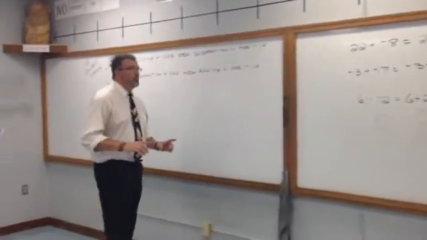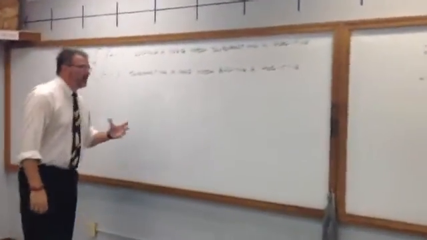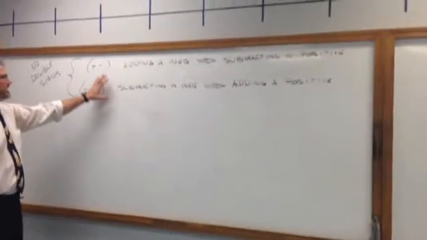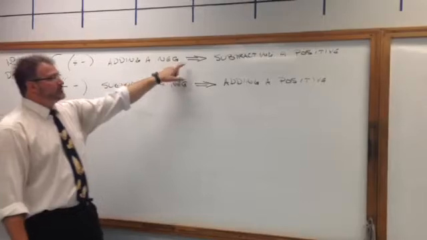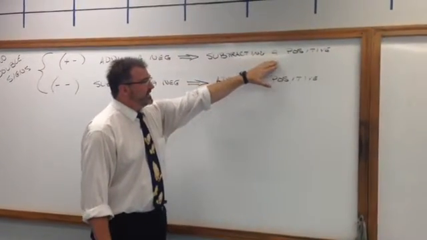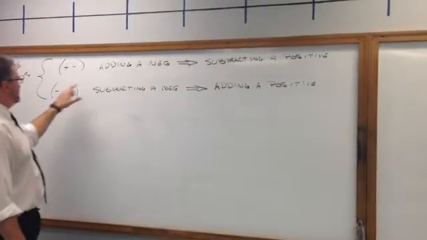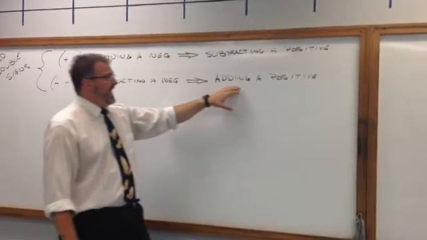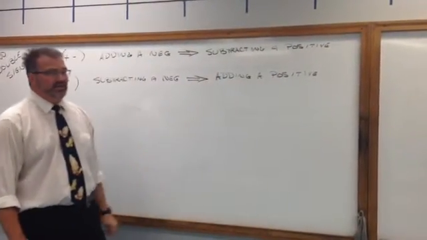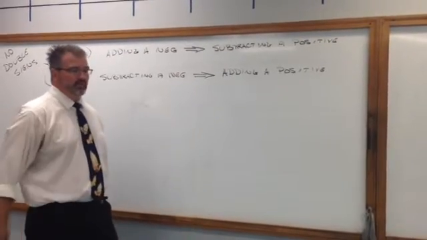But simple rule, either remember it from the number line, or again, if we return to this, if it's adding a negative, it really can be written as subtracting a positive. Subtracting a negative, okay, becomes adding a positive, and you do not change the first number, the number that you're starting with.